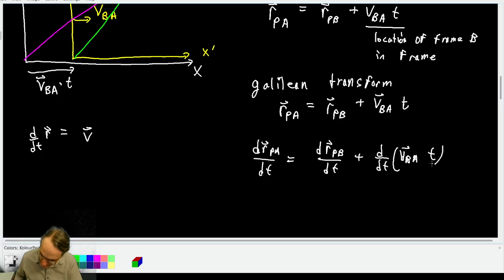And I did forget one point when I was talking about this. These transforms really only apply if the relative velocities are constant, if neither frame is accelerating.